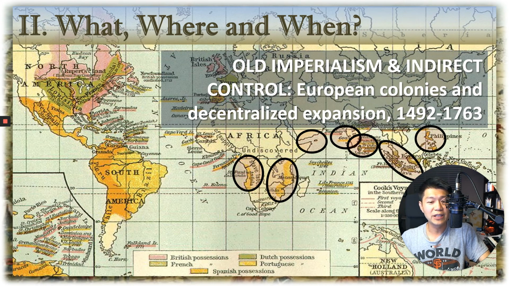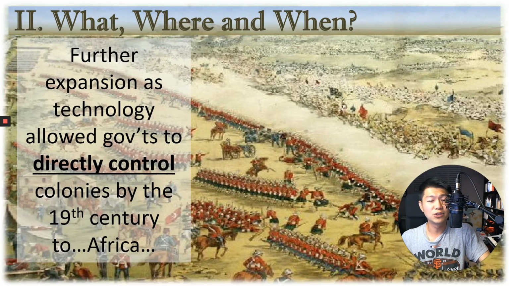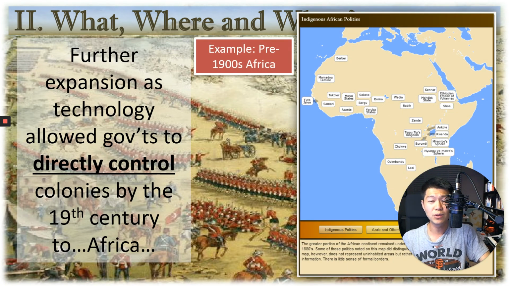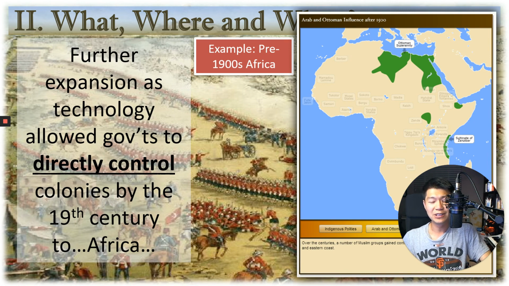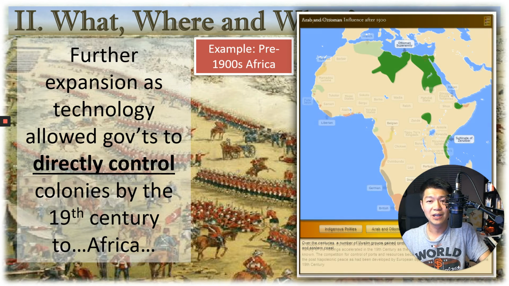And the big change with the Industrial Revolution is that the technology that comes about is going to allow for governments to implement direct control across the world. Check out this map of Africa, where we have dozens of different tribal groups, smaller kingdoms that are dotting across sub-Saharan Africa. And so the only incursions that we see in Africa were actually by the Ottomans, which turns out to be, again, one of the strongest empires of the world at this particular time.